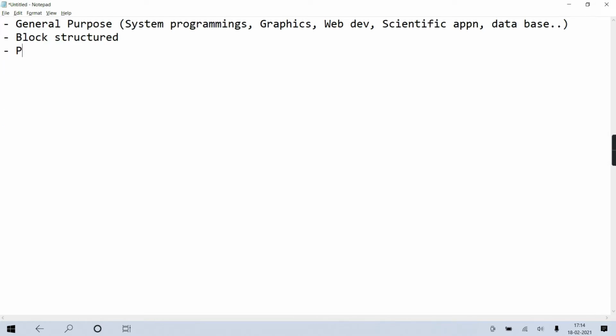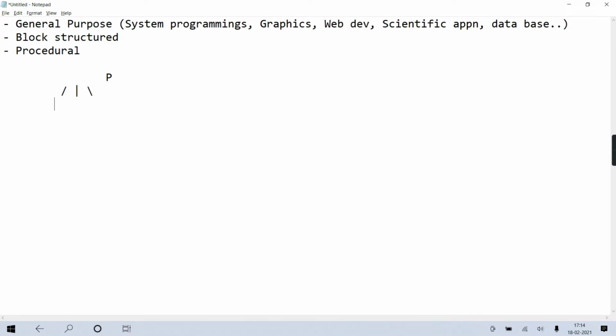Then procedural. Now, what does the procedural concept mean? It says that you can split your problem. If you have a very big problem, you can divide it into smaller problems, very basic level problems.